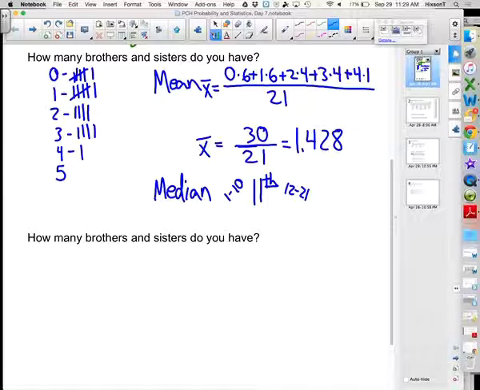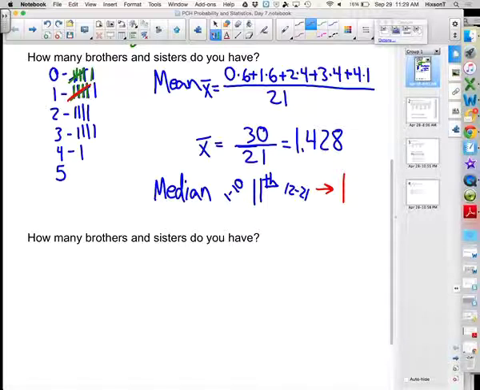So now we can just look at our tallies here. 1, 2, 3, 4, 5, 6, 7, 8, 9, 10. The 11th score is still a 1. Okay? So that one right there, that's actually our median. It's 1.